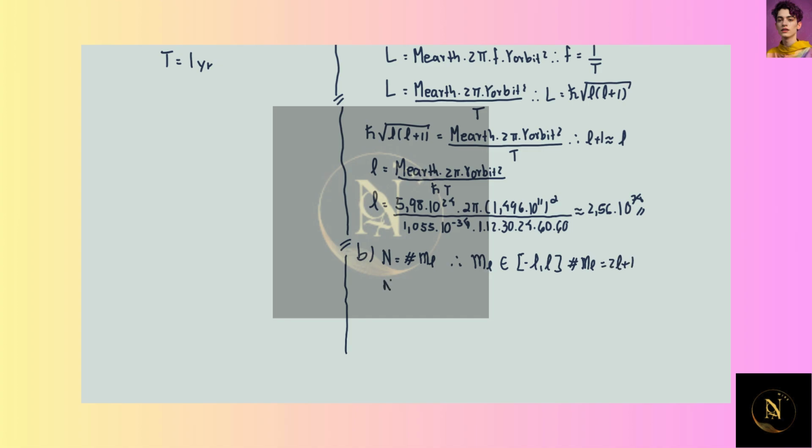Then the number of possible orientations for the plane of the orbit is 2l plus 1. But l is very big, so 2l plus 1 is approximately 2l. Therefore, the number of orientations is 2 times 2.56 times 10 to 74, and this gives us an approximate number of orientations for the plane of the orbit of 5.12 times 10 to 74.